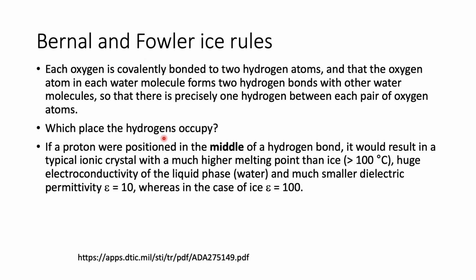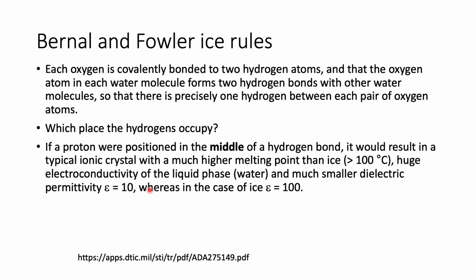So where do these hydrogens actually occupy? If a proton, meaning hydrogen, is positioned in the middle of a hydrogen bond, it will result in an ionic crystal structure with a high melting point, much higher than 100 degrees centigrade, because we know ionic crystals have higher melting points, but water has a lower melting point.